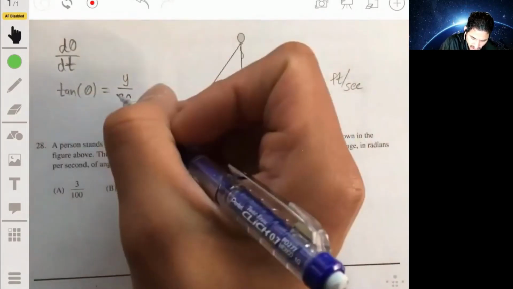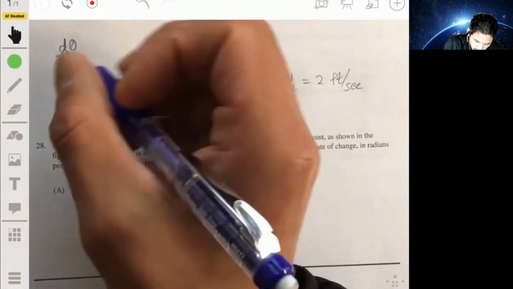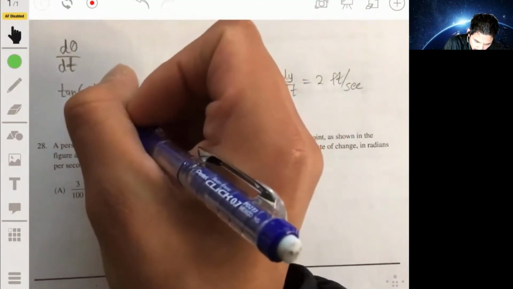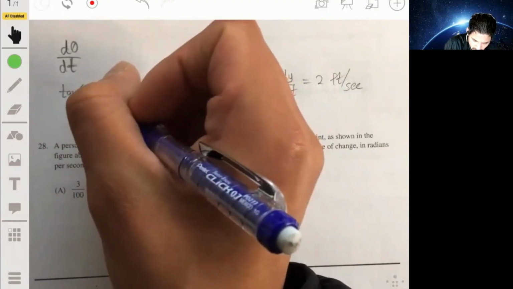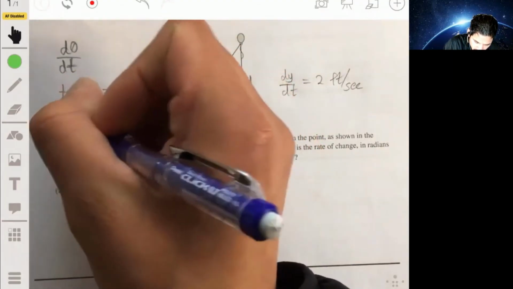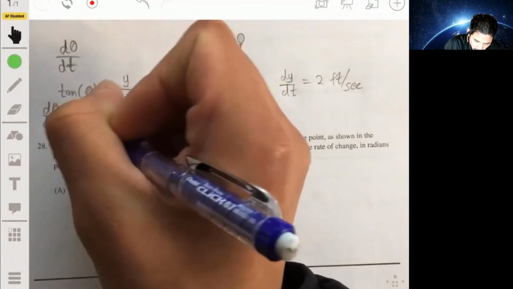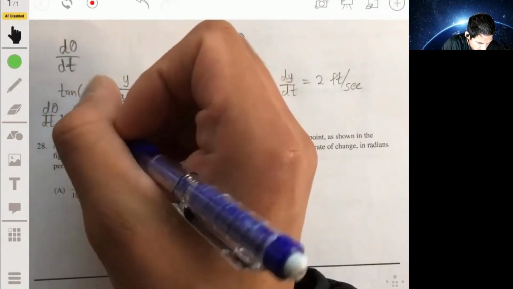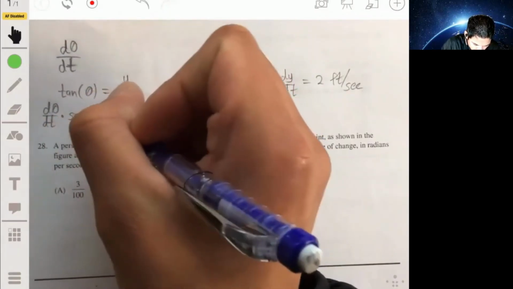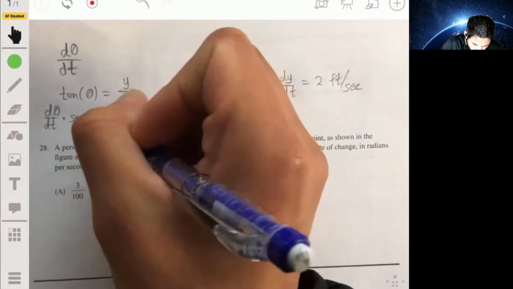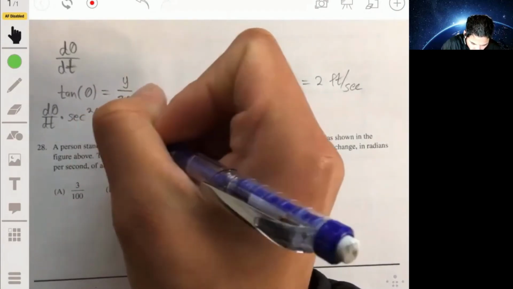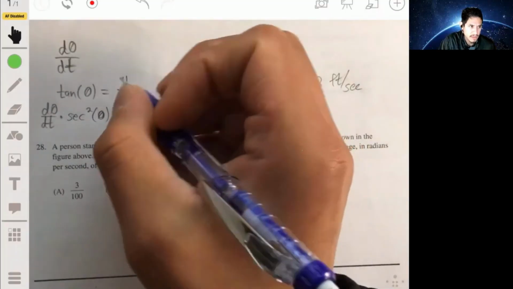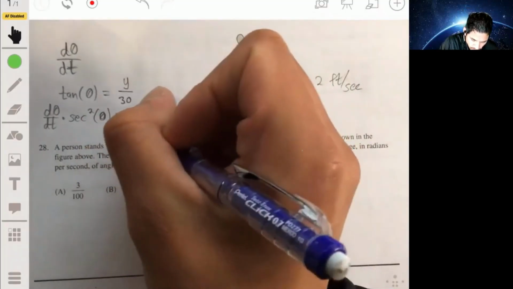And then we take the derivative of this with respect to time. So we take d theta dt multiplied by the derivative of the tangent function, which will be the secant of theta to the second power, or the secant squared of theta.